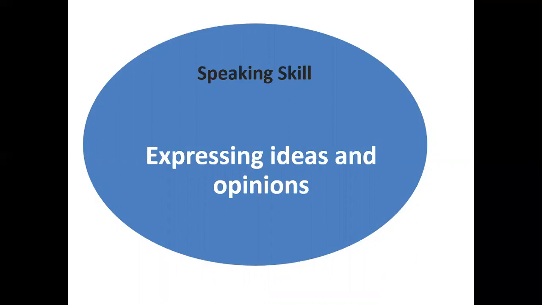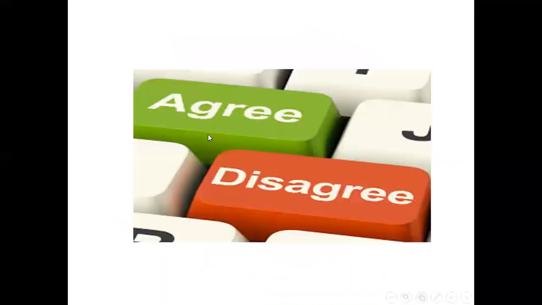This is very important to improve your speaking skill. Here is how to express your opinions or your ideas about something. You may agree with other opinions or disagree. So we have agreement or disagreement with the opinions of others or other ideas.